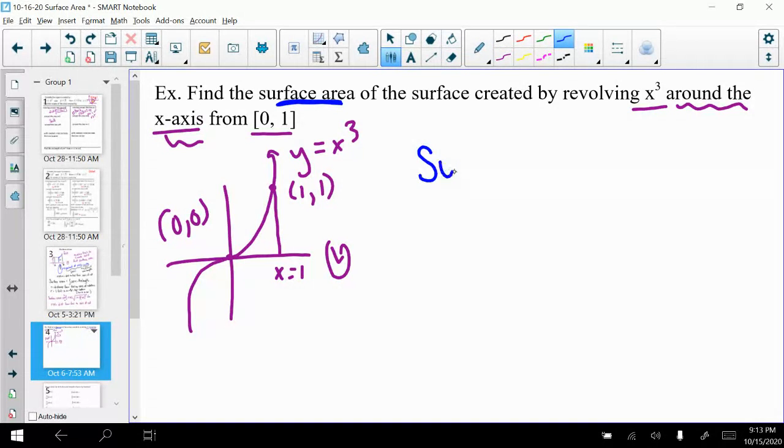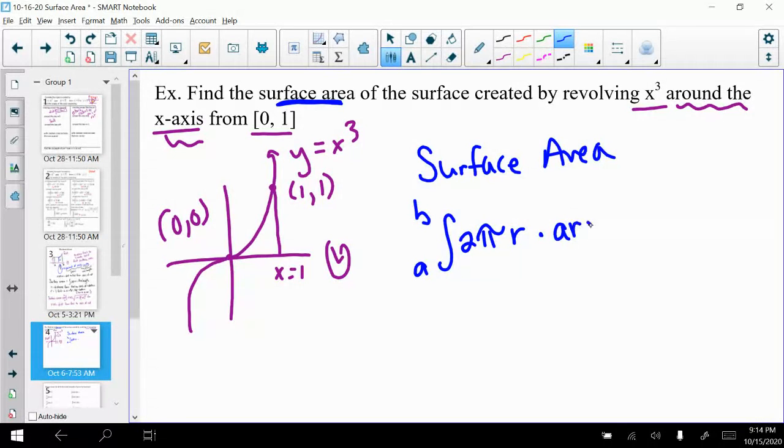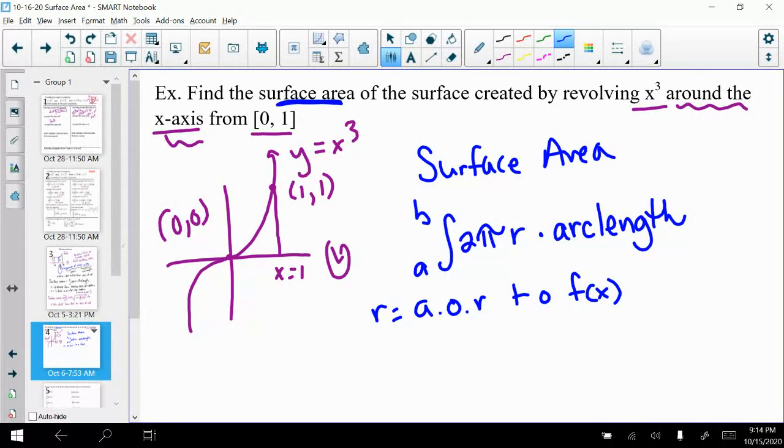We remember surface area is the integral from a to b of basically our circumference, 2 pi r, times our arc length. And r is the distance from our axis of rotation to the function we're finding the surface area for.